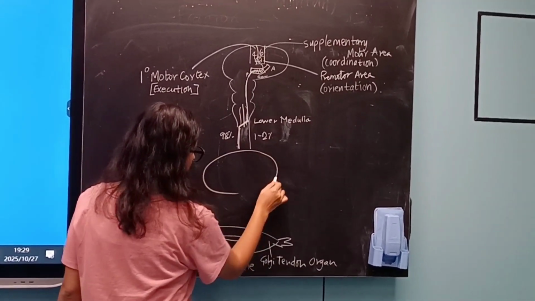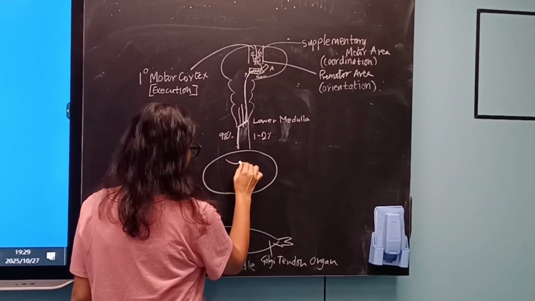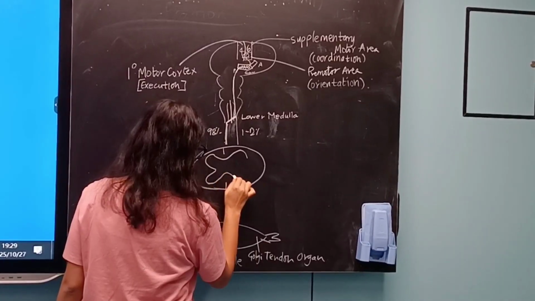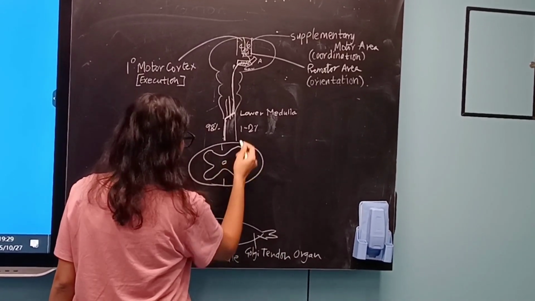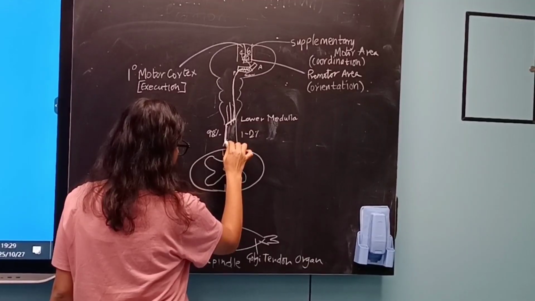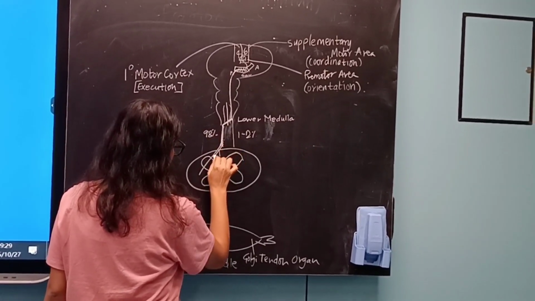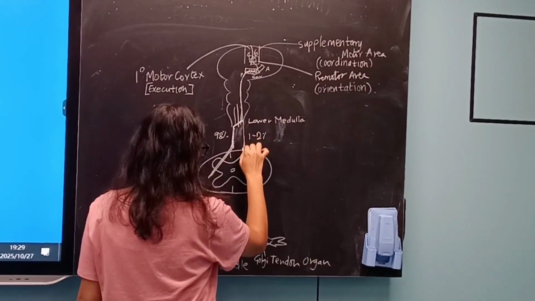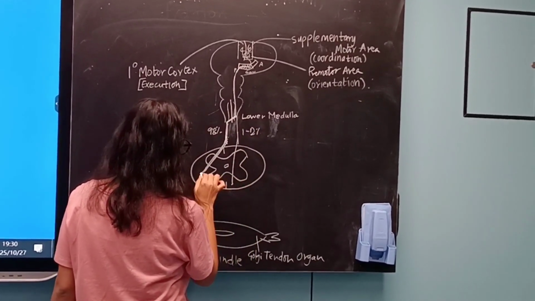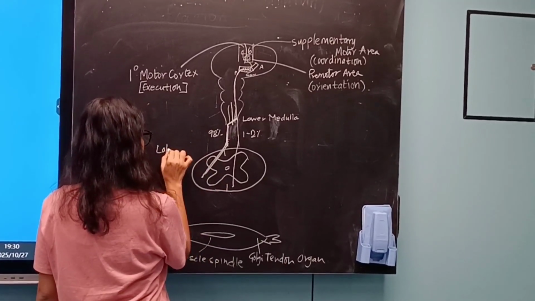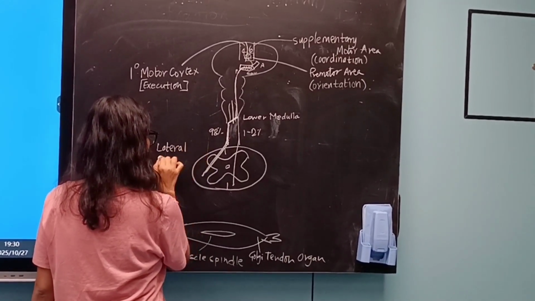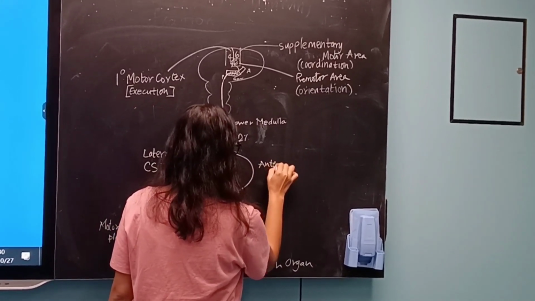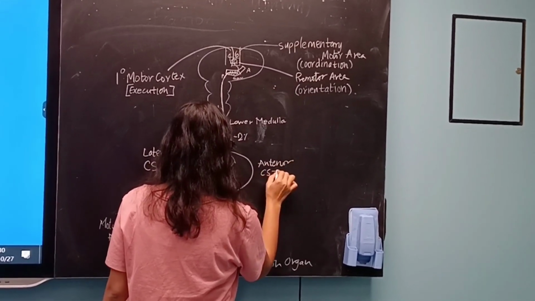Now, if this is the cut section of the spinal cord, after it has decussated, this will be forming your lateral corticospinal tract, and this will be forming your anterior corticospinal tract. So this is the lateral corticospinal tract, and this is going to be your anterior corticospinal tract.